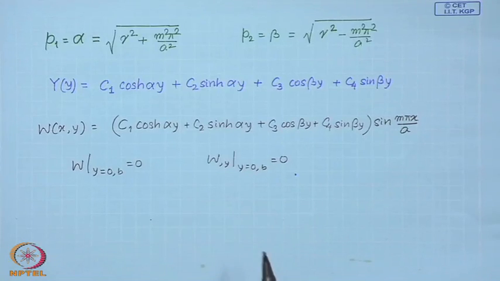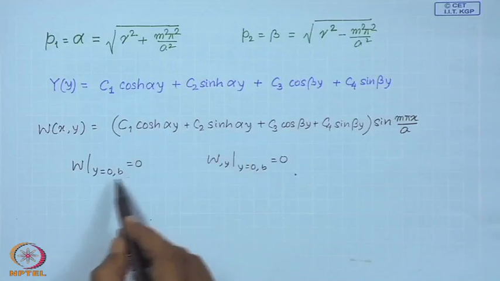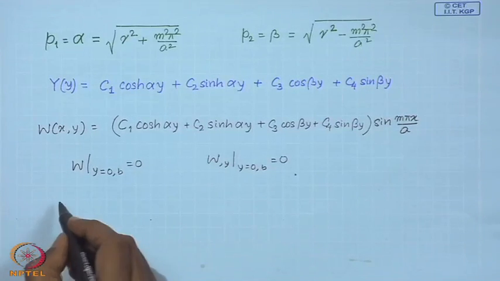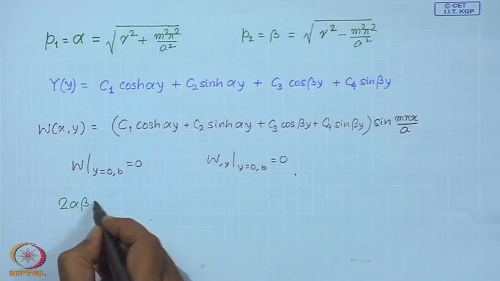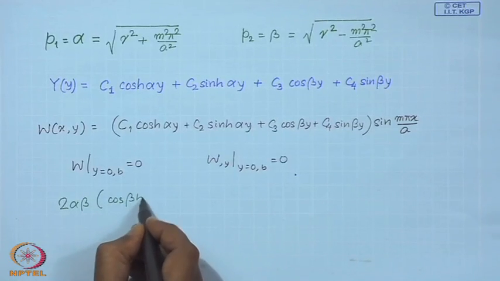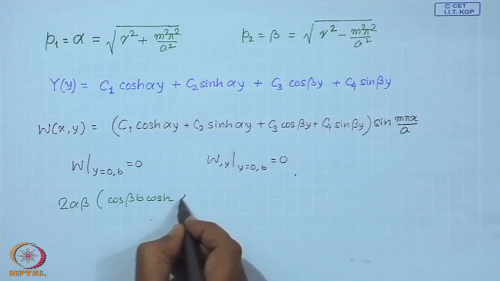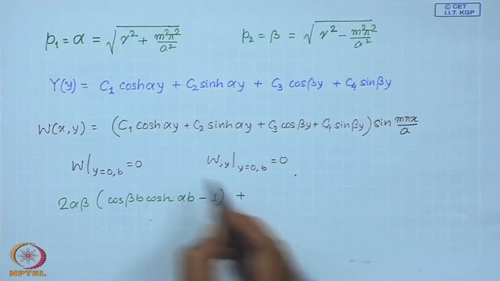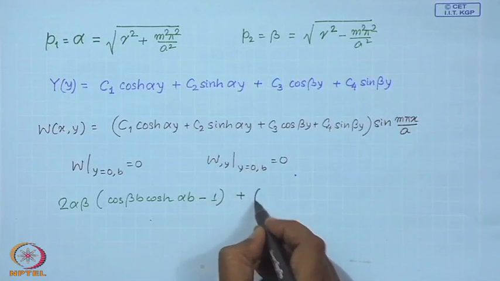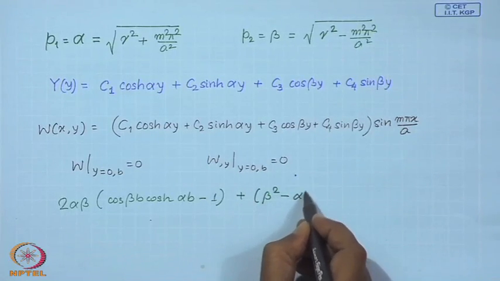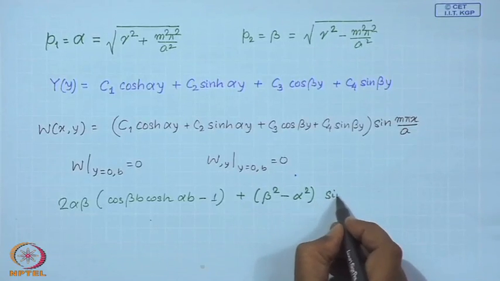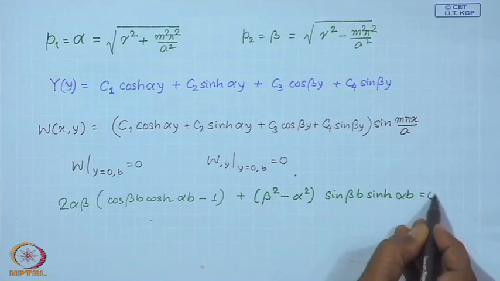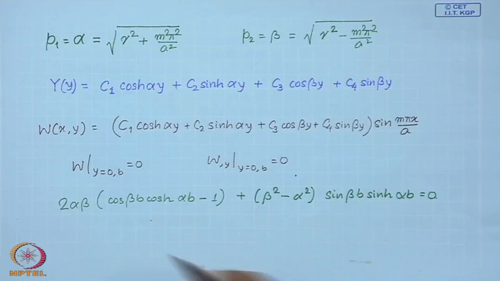Now, if you substitute this solution form in these boundary conditions, finally you will get the characteristic equation. So, for non-trivial solutions of C1, C2, C3, C4, this is our characteristic equation.